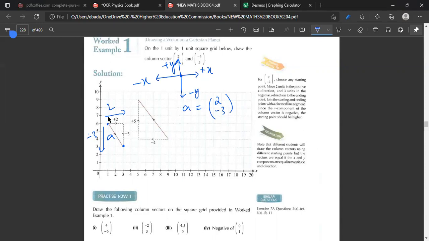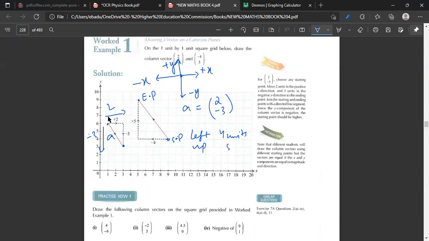And in this one, this was the starting point, and this is the ending point. If we make a triangle like this from the starting point to the ending point, you would see that we have to go left 4 units and we have to go up 5 units.